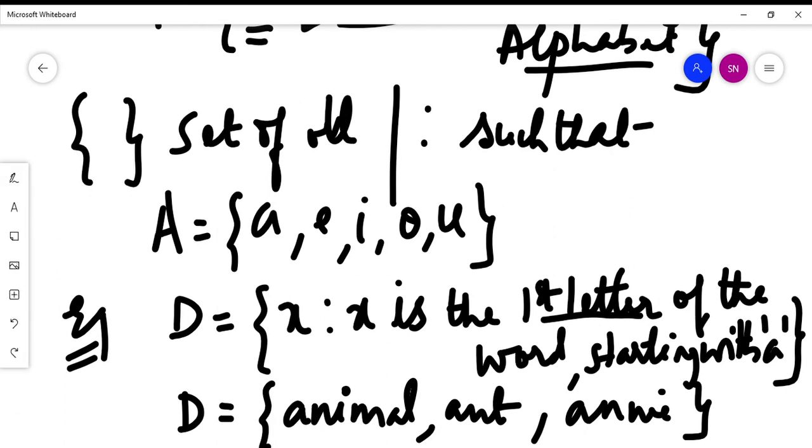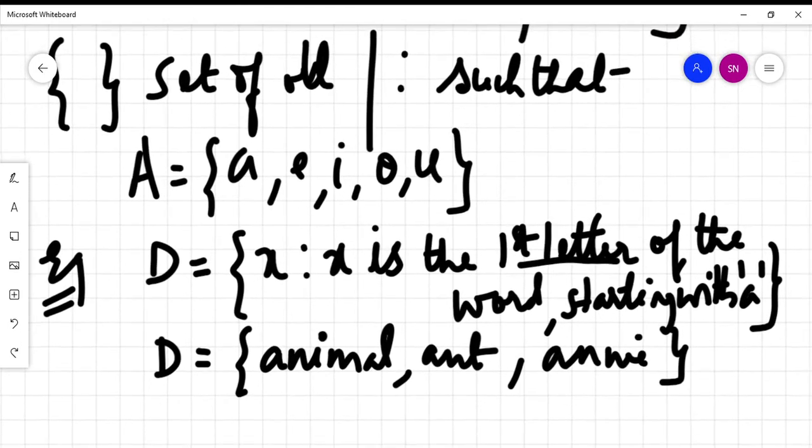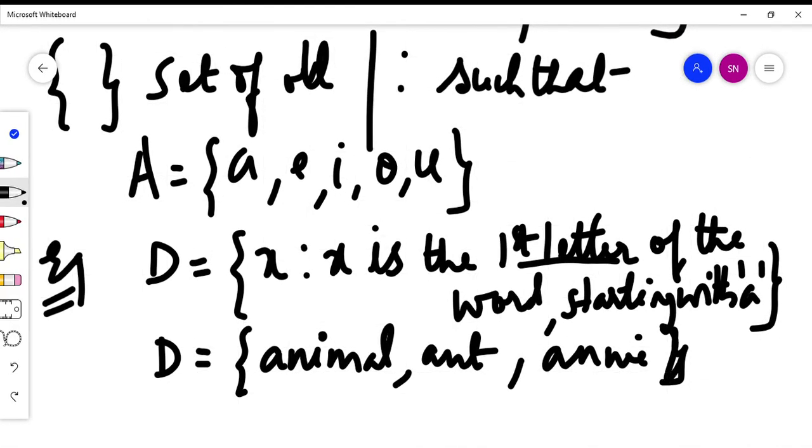So I will write this set with a dot dot symbol, because they have just given a condition that the first letter of the word starts with A, and have not mentioned how many words to include. When I write dot dot dot, the set can have any number of words.